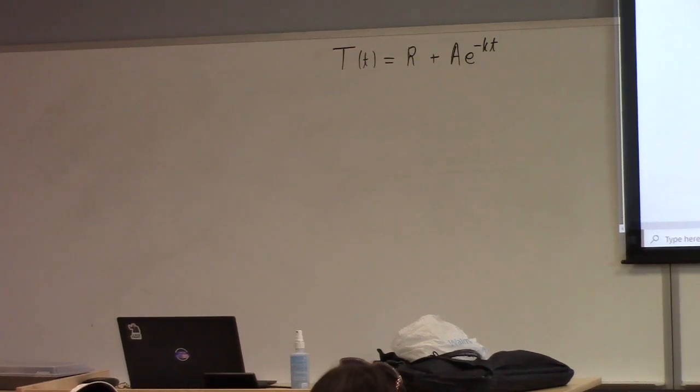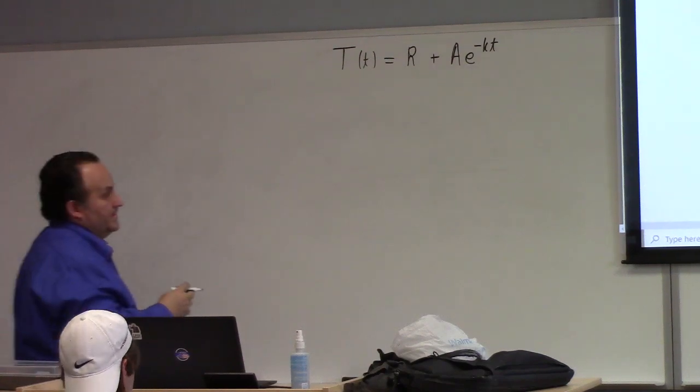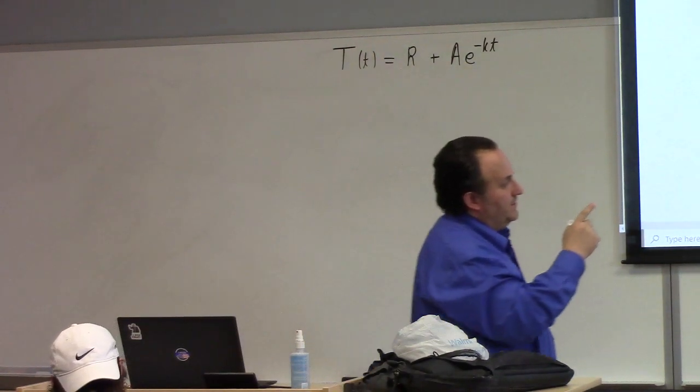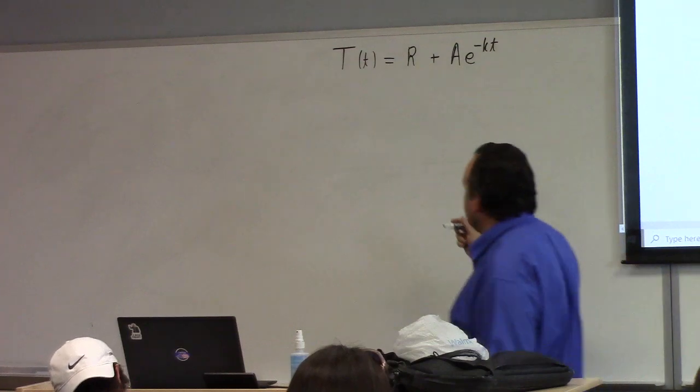All right, so what do we know? It told us the room temperature is 70 degrees, right? And so what does that mean? That means R is 70 degrees.